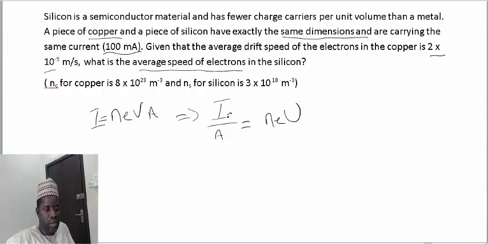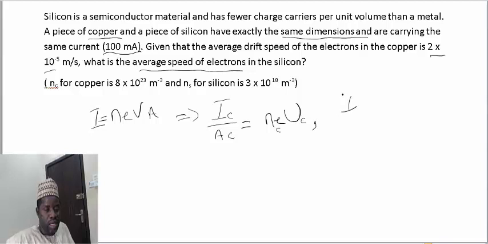Evaluating this for copper, we put C here: the cross-sectional area for copper, the charge density for copper, the charge carrier in copper is the electron, and this is the drift velocity in copper.